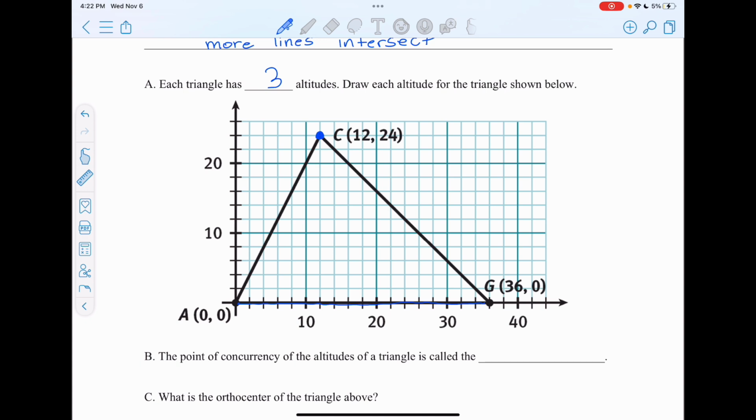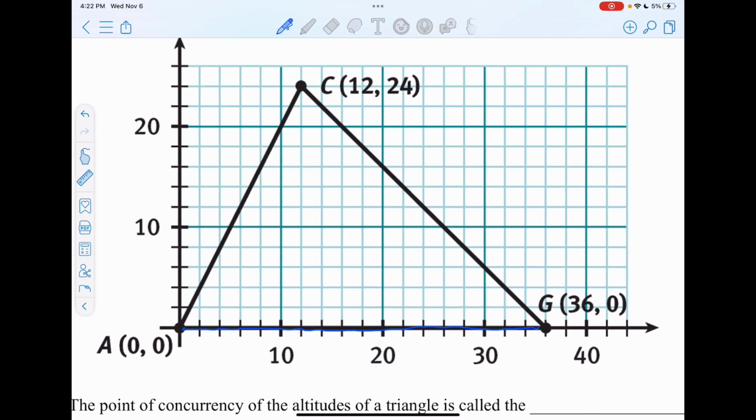And then make a point up at 90 and a point through the hole in your protractor and connect those 2 points. And you should get a line that goes straight down from your vertex and makes a 90-degree angle with that opposite side. And you can do this 3 times, once for each vertex.